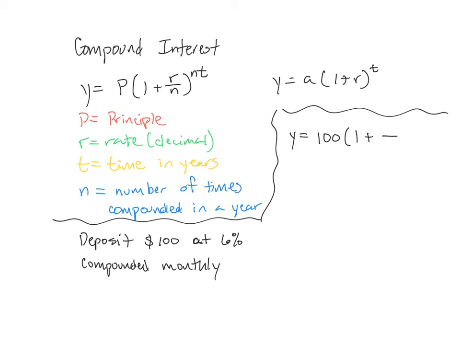So remember we say 6% is 0.06, not 0.6. 0.6 would be 60. Okay, 0.06, and then n is the number of times compounded in a year. If it's compounded monthly, there's 12 of them. And then the n goes up here also.